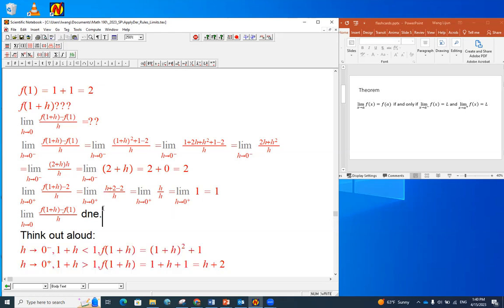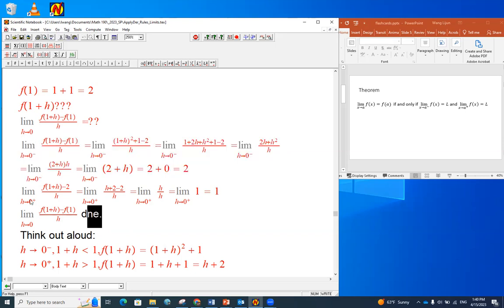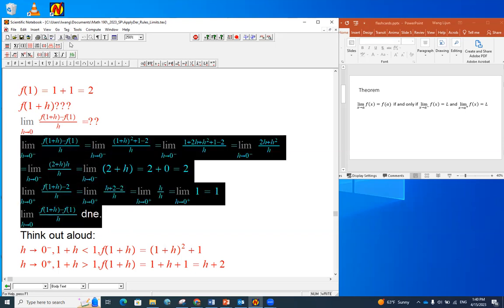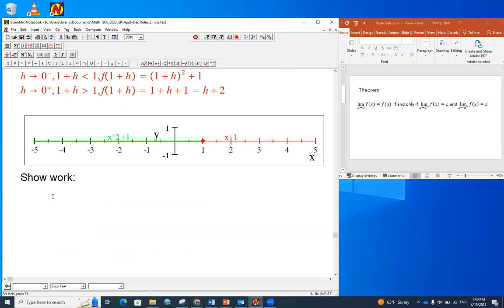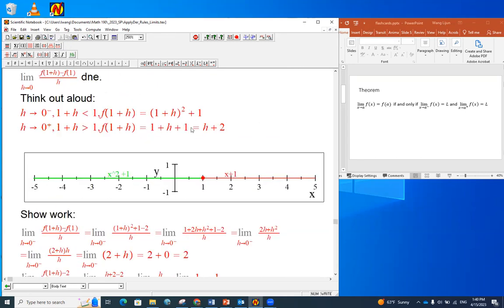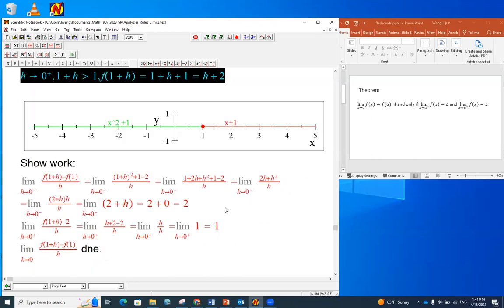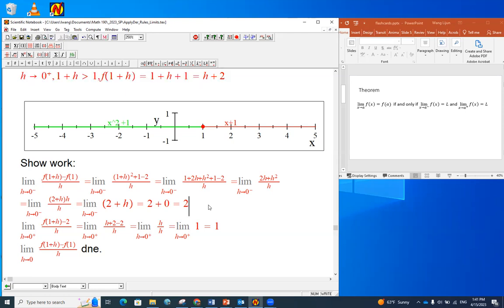What you really can show is this piece and that piece. Then do you have to show the reader this piece? You really don't need to. You just leave it on the scratch paper. So you would say limit from the left, plug in here, and put it there, right?